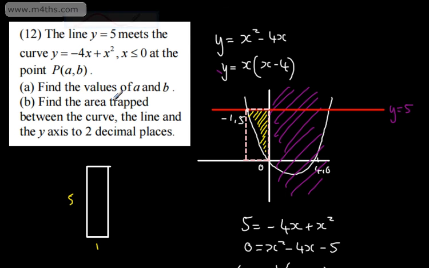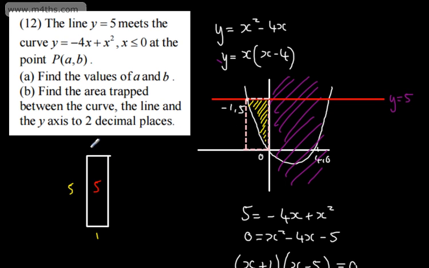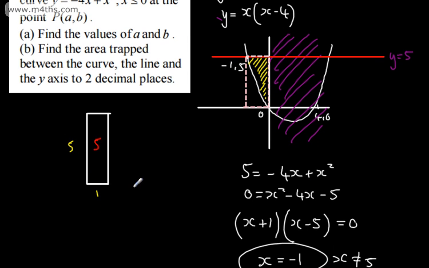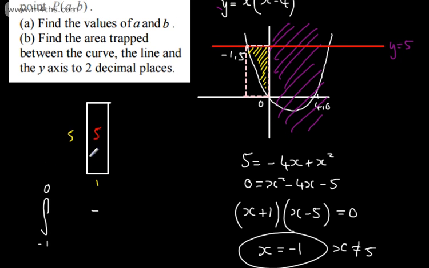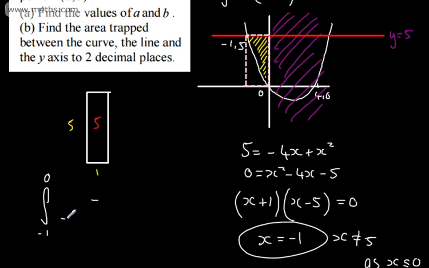What I'm going to do is put this one on, so this is 5, and I'm going to subtract away from this the integral from negative 1 to 0 of our function, which is going to be negative 4x plus x squared.